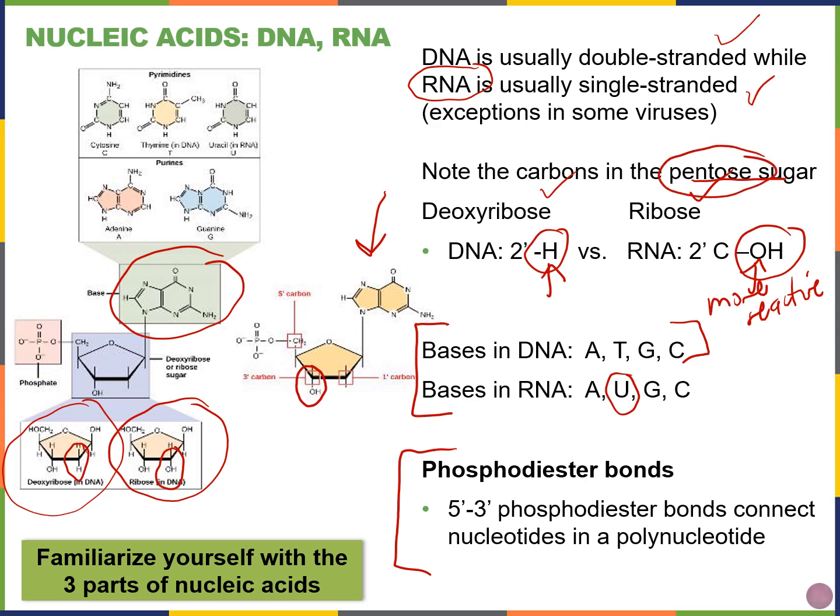So if I wanted to add another nucleotide and build, I would add here and then add another one and add another one, always continuing the growth at the 3' end. You cannot add to the 5' carbon because it's already attached to a phosphate group. You're not going to knock that off to add something. So again, we're only going to add to the 3' end.